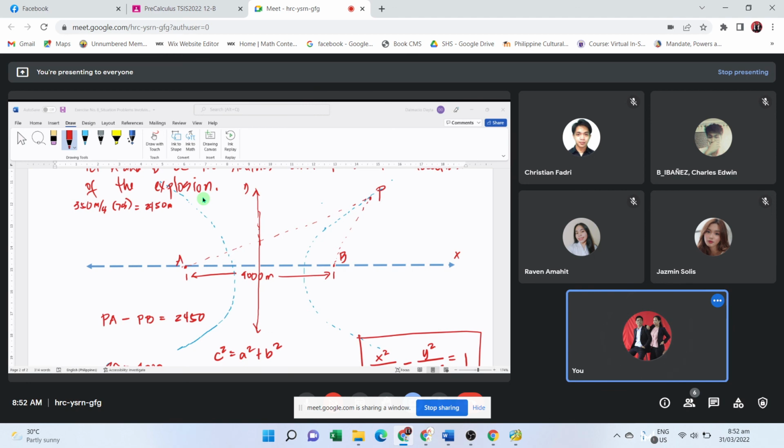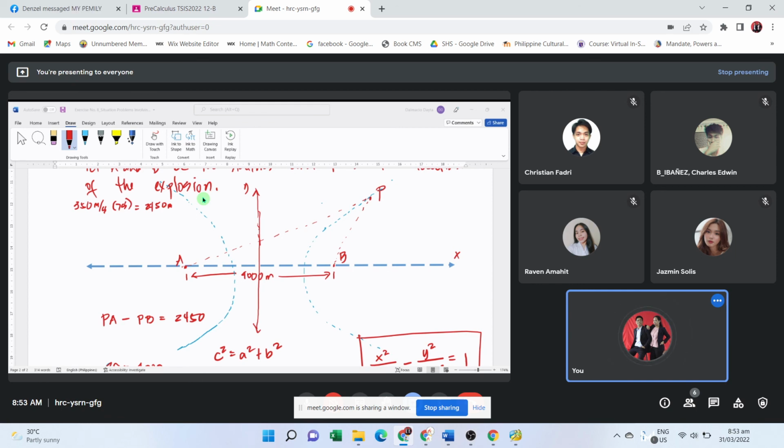What else? The next topic will be system of nonlinear equations. We'll have intersection of a circle and a parabola, intersection of a hyperbola and other conics.